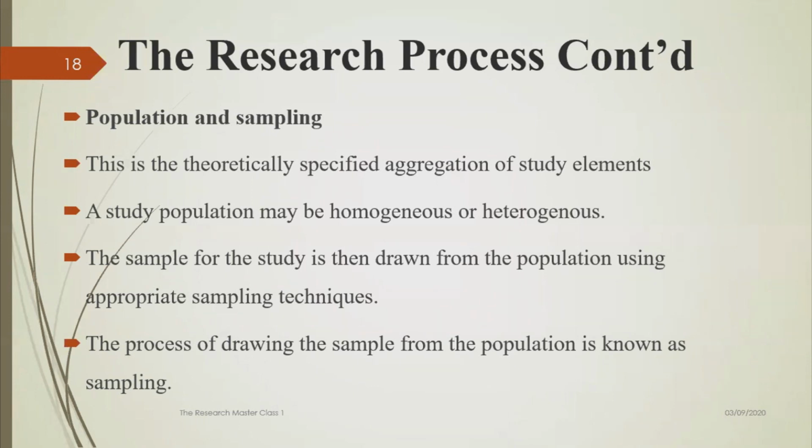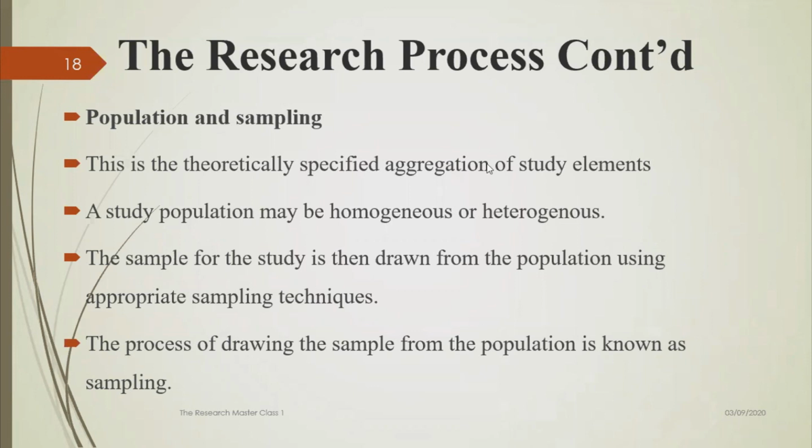So if I want to look at faculty, I can look at faculty from a homogeneous perspective or from a heterogeneous perspective. If we talk about heterogeneous, it means there are differences among them. But if you talk about a homogeneous population, then you are drawing on a characteristic that runs through the entire population. So you have your population, which is the entire study element out of which you draw your sample.